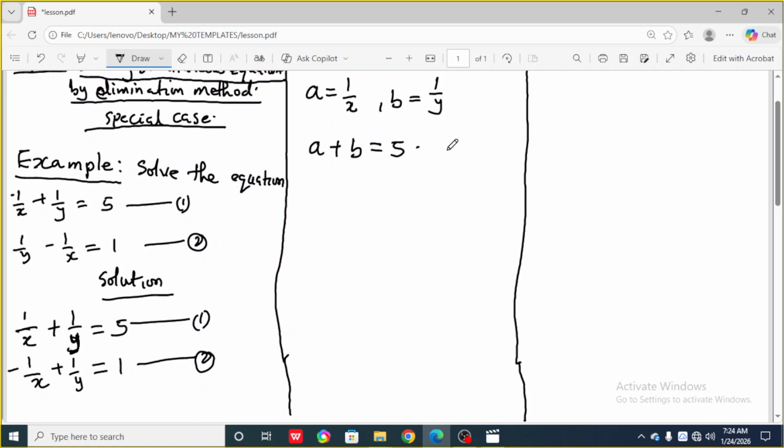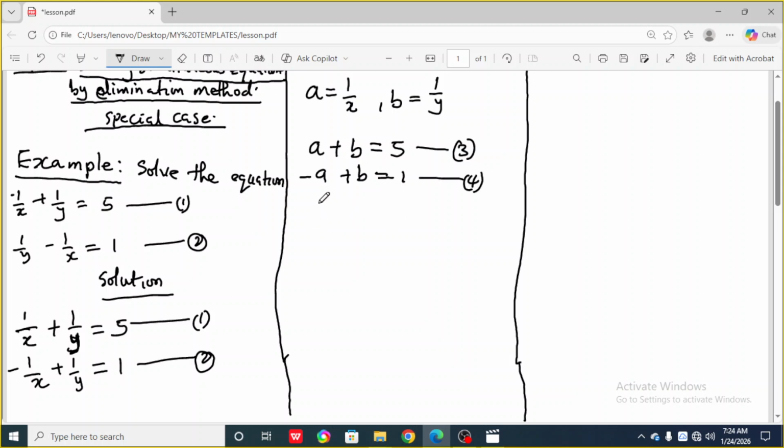This is a different equation now, equation 3, because it now has different letters. We do the same thing for equation 2: minus 1 over x means minus a, then plus 1 over y means plus b equals 1. This will be equation 4.